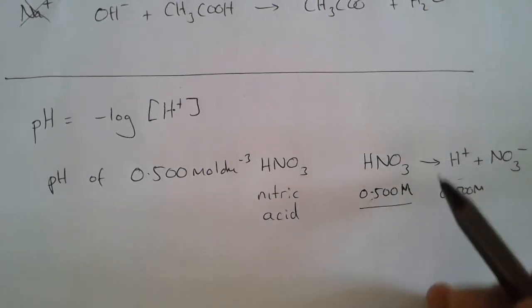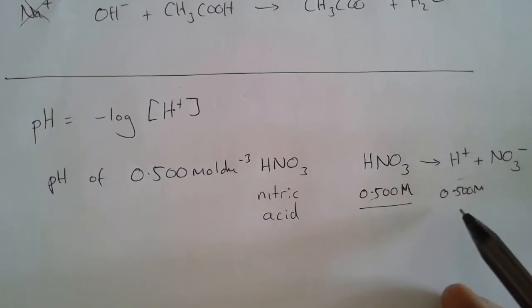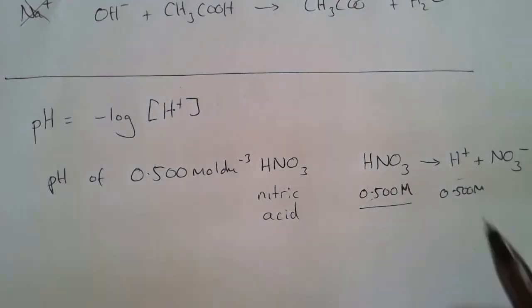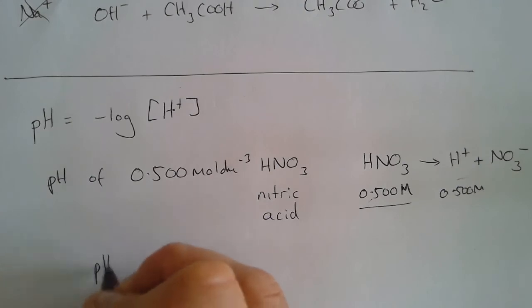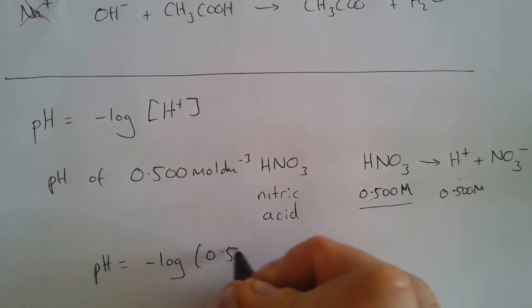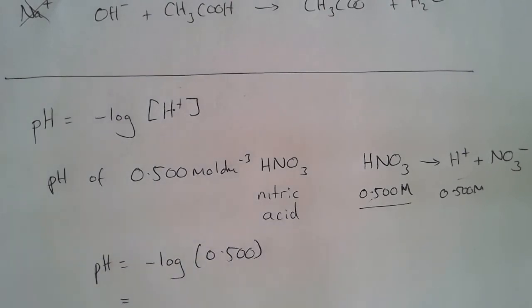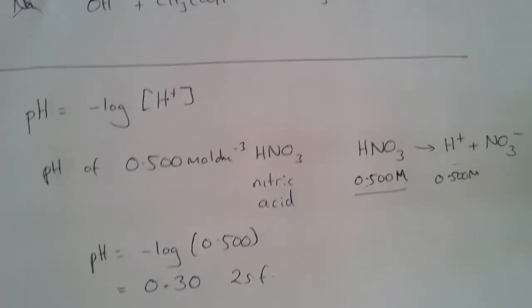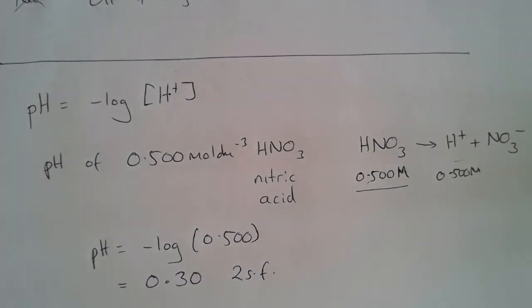Therefore, the concentration of H plus ions in solution is the same as the concentration of the acid, 0.500. So if we were going to work out the negative log of that, that would give us a pH of 0.30. Notice that we tend to try and give pHs to two significant figures.